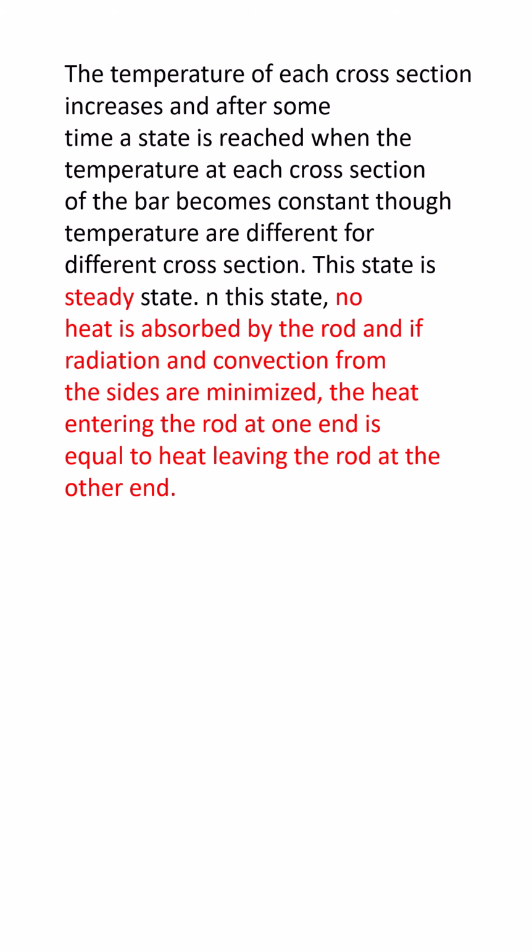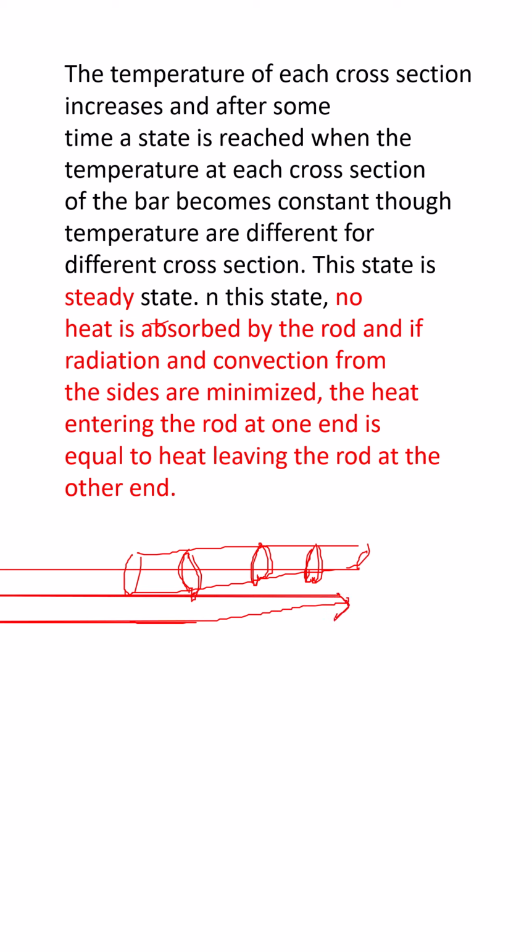In this process, when heat energy is passed for some time, in the rod, let's say this is the rod, initially the temperature increases. In this cross section, the temperature of the different parts initially goes on increasing, and after some time, the temperature becomes constant, not equal, but it becomes constant.